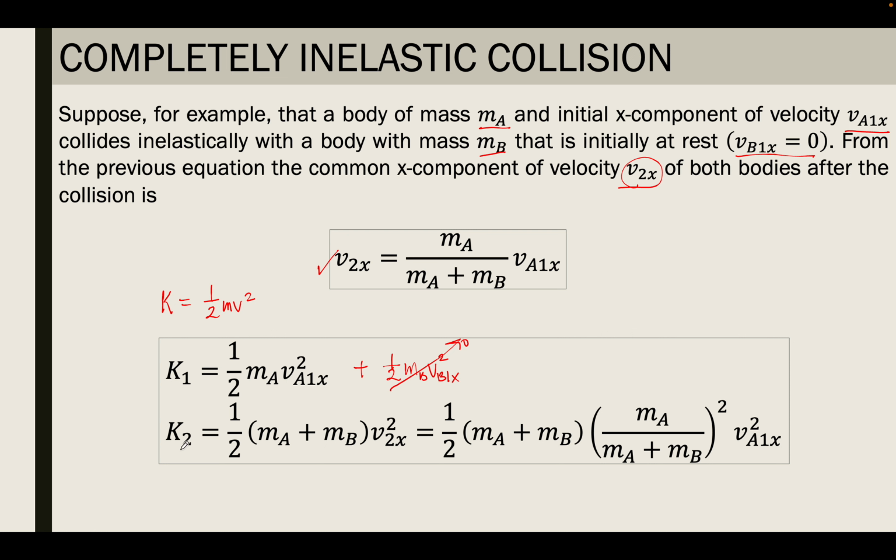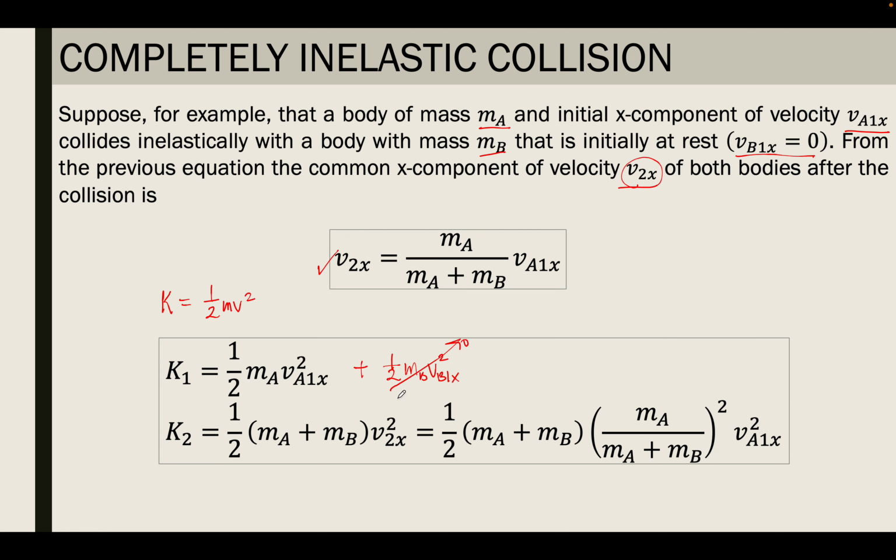Whereas for the final kinetic energy of the system, we have 1/2 times the sum of the two masses, mA and mB, times v2x squared, because after the collision these two bodies A and B become one, since they stick together and move together as one.